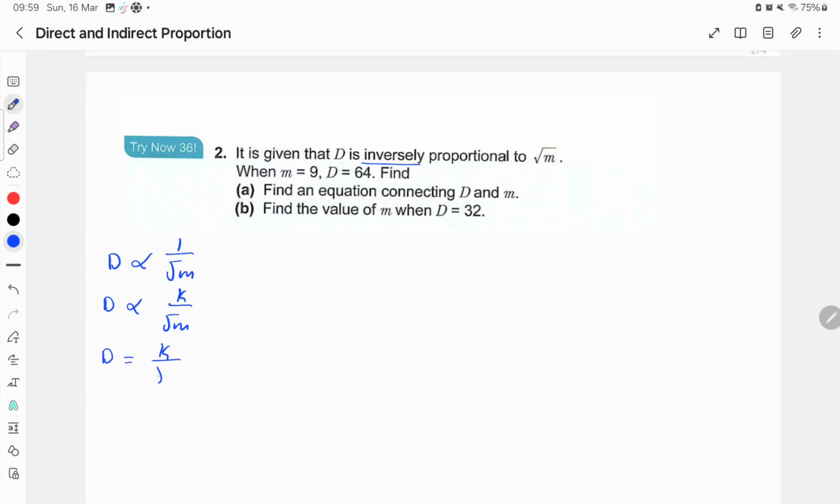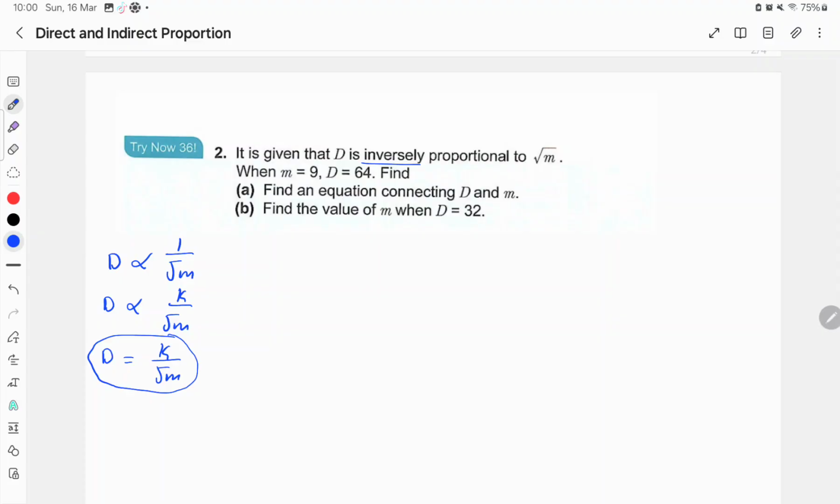K over the square root of M. In fact, in examinations, I recommend you just start from here, to not waste your time altogether, and it's even easier. So these two steps are unnecessary as long as you know what you are doing.